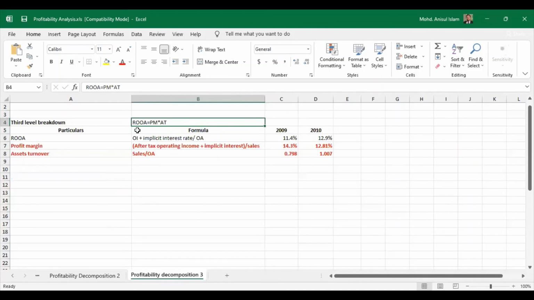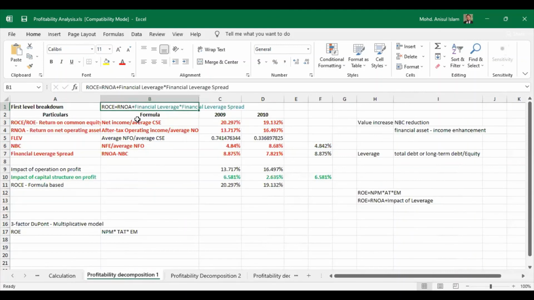So we would like to see the decomposition of return on operating asset. Here you see the formula. We are multiplying the profit margin by the asset turnover. Note that if you compare this formula with the level 1 breakdown here, this is additive, right?